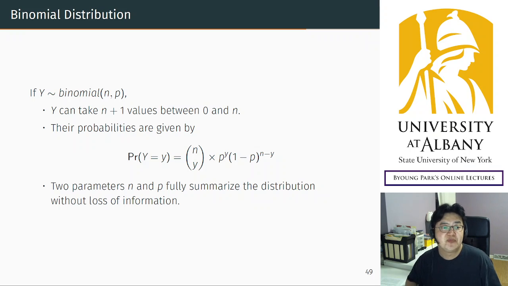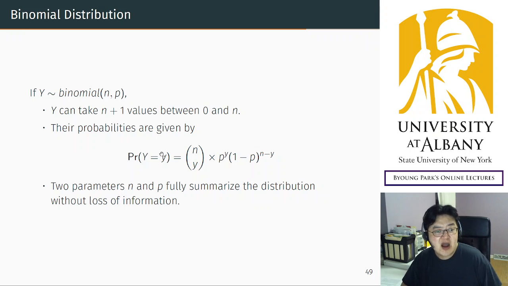binomial distribution. But what we just derived, the formula for the probability, is given by this. So by changing lowercase y here, which can be 0 or n or any number in between, it changes to n plus 1 different values, and when it changes, it gives different probabilities. They are the distribution, right?